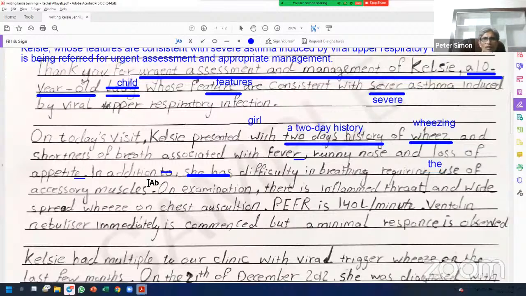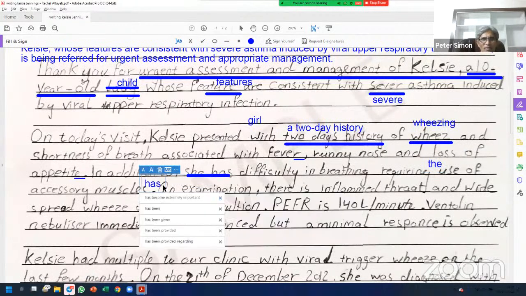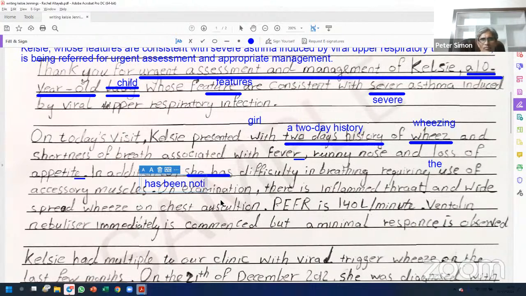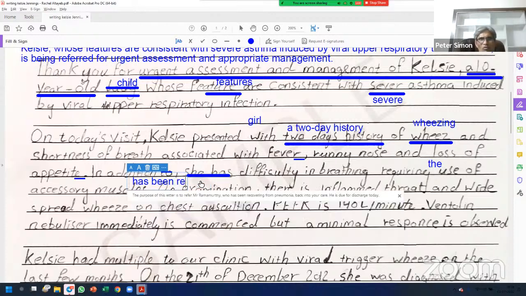Passive voice. If they told you, mentioned, reported, informed. If you have noticed, observed, you can say has been noticed. Has been reported, you can say there, because you say on examination next.